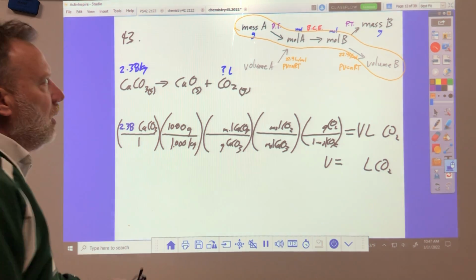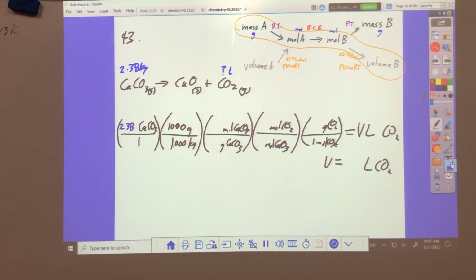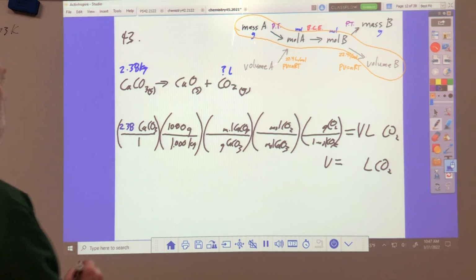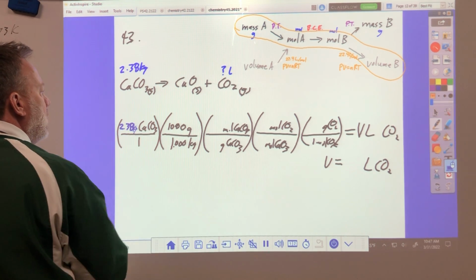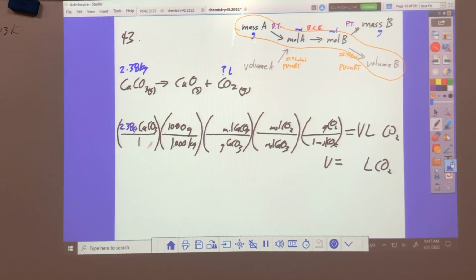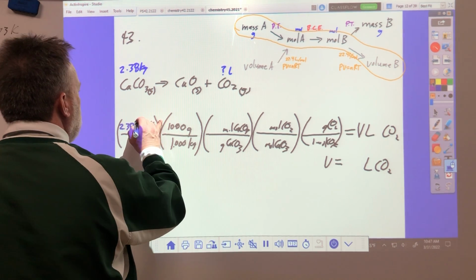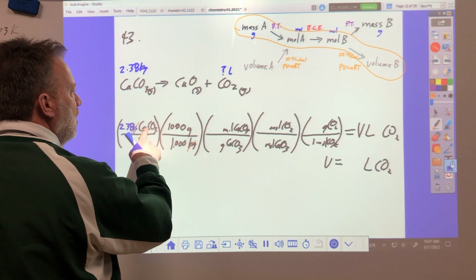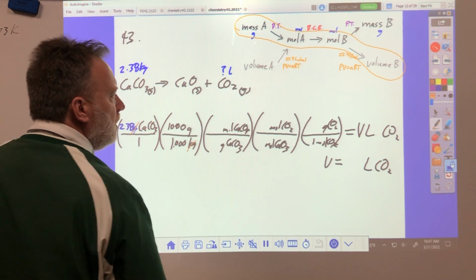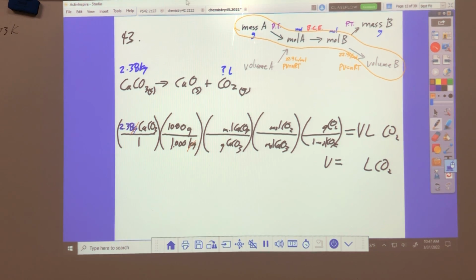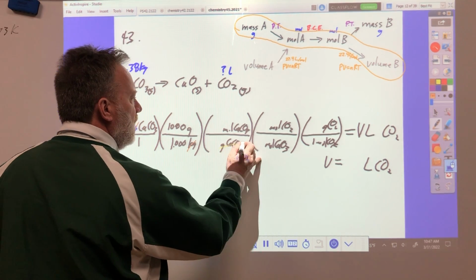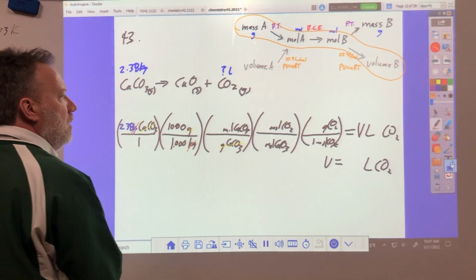I don't have my kilogram in there, sorry. Up here I have a kilogram. Okay, and just that part cancels kilogram here, leaving grams CaCO3. So grams CaCO3 cancels with grams CaCO3 up here.